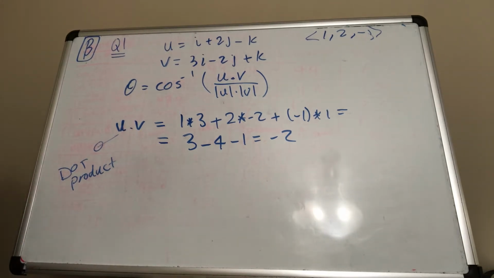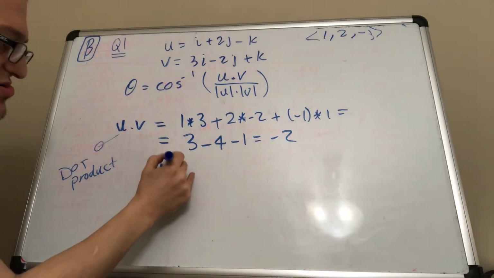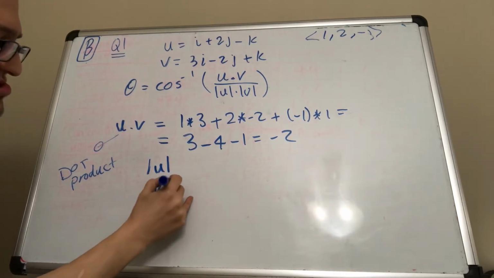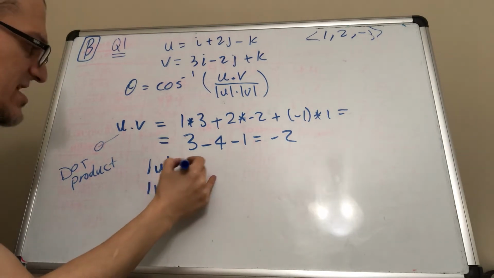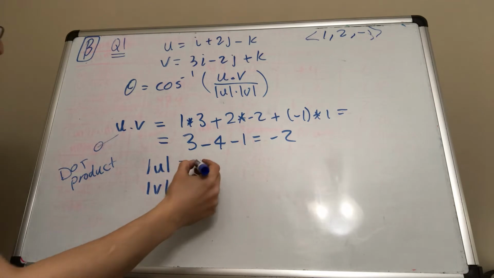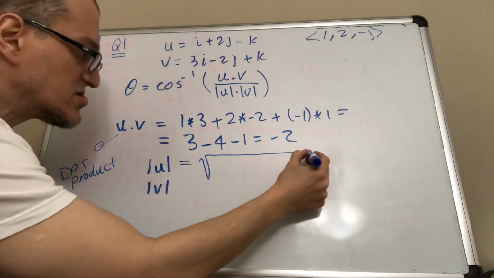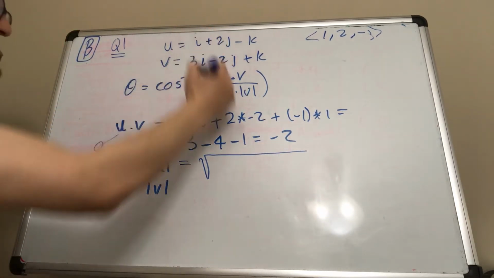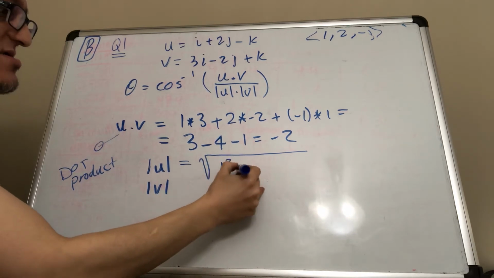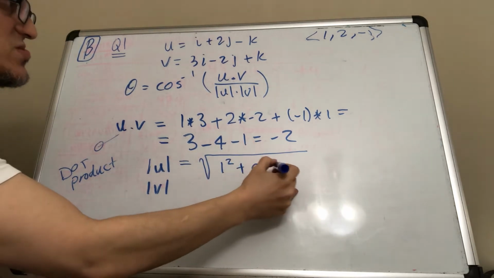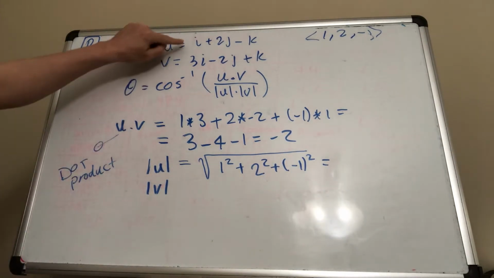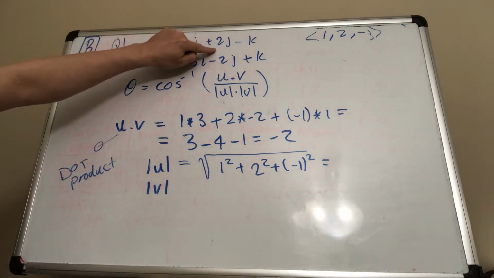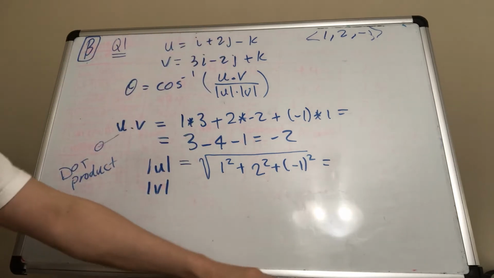For the bottom, take magnitude u and magnitude v and multiply the two. Now, magnitude u would be the square root of the number for the i squared, the number for the j squared, and the number for the k squared.